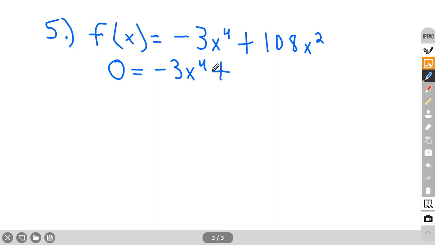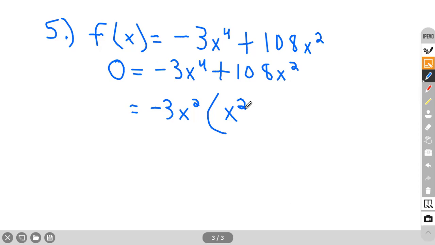So you're going to notice that to factor this problem, I notice there's a common negative 3 in both terms. So I'm going to factor out a negative 3 and also a common x squared. Now when I factor out the negative 3x squared, negative 3 divided by negative 3 is just going to be 1. x to the fourth divided by x squared is going to be x squared.